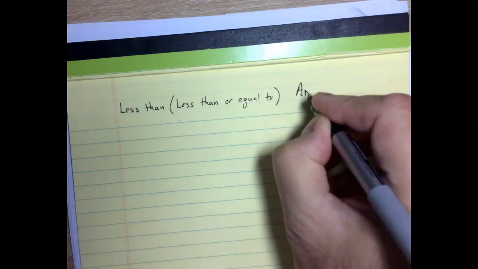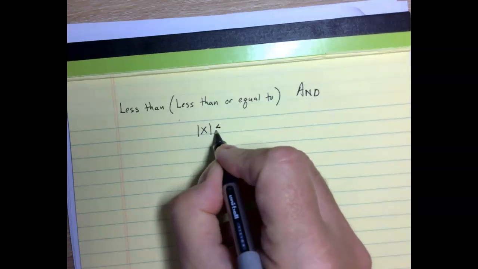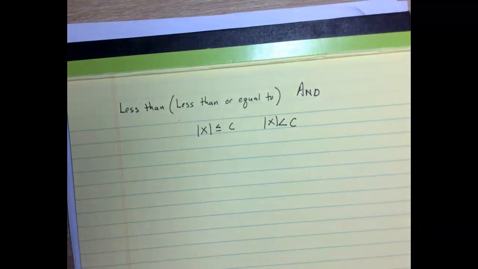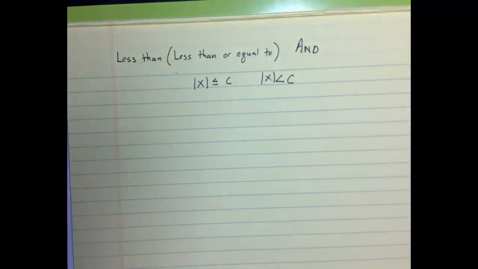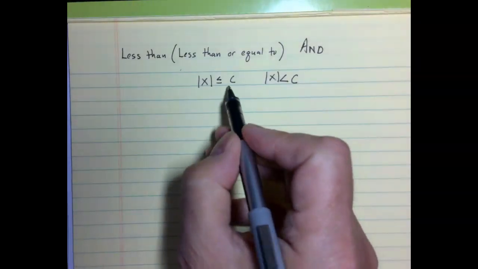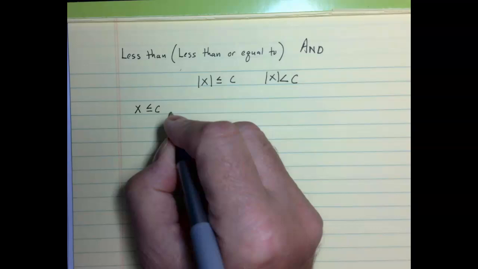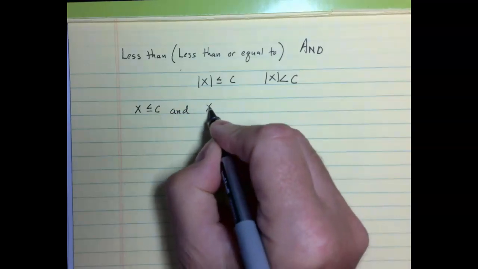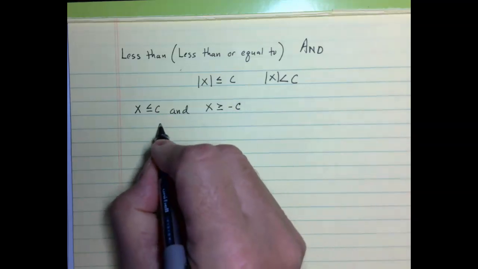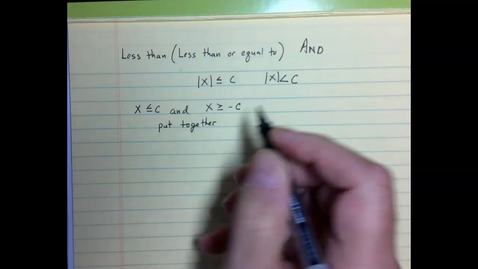This is an and case. And means input C. And that is input value less than or equal to C. Of course, you can also have input value that's less than C. And when you write your two inequalities, you would write x is less than or equal to C, and x is greater than or equal to negative C. You put these two together because it's an and.